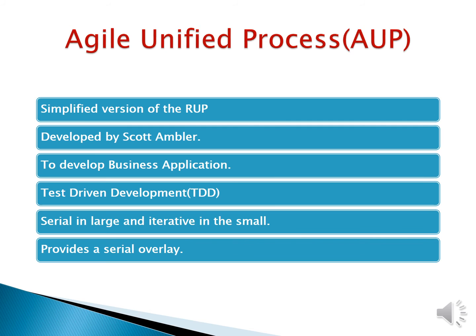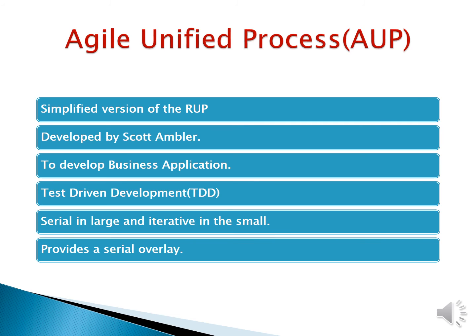It describes a simple, easy to understand approach to developing business application software using agile techniques and concepts, while still remaining true to the RUP, that is the Rational Unified Process.